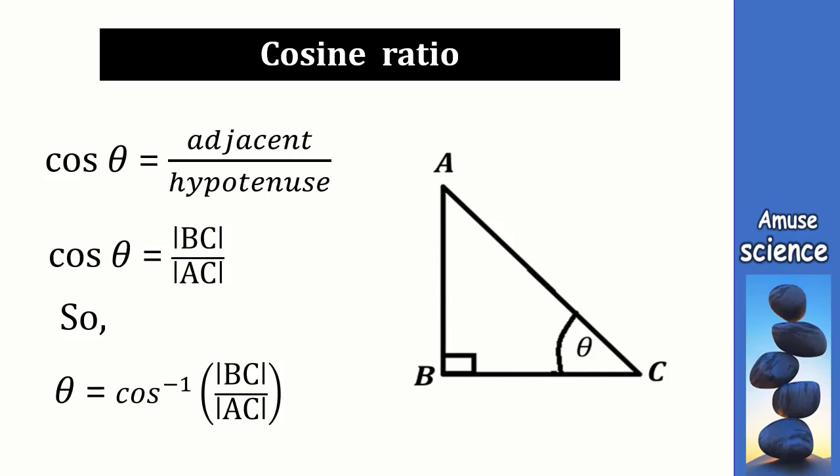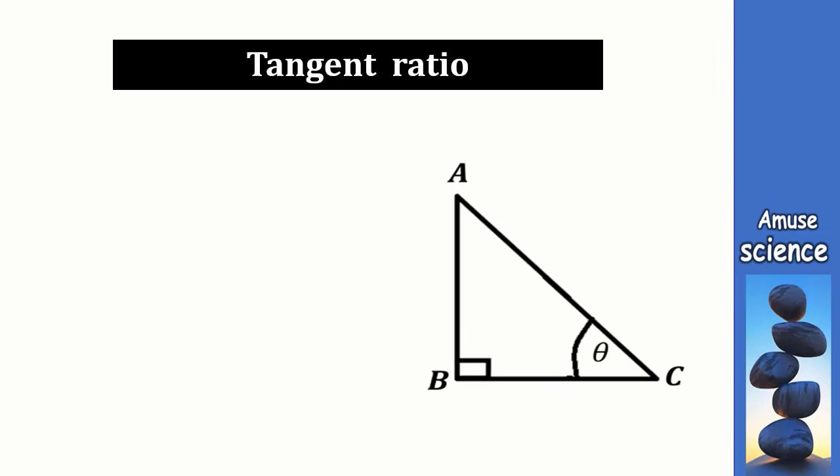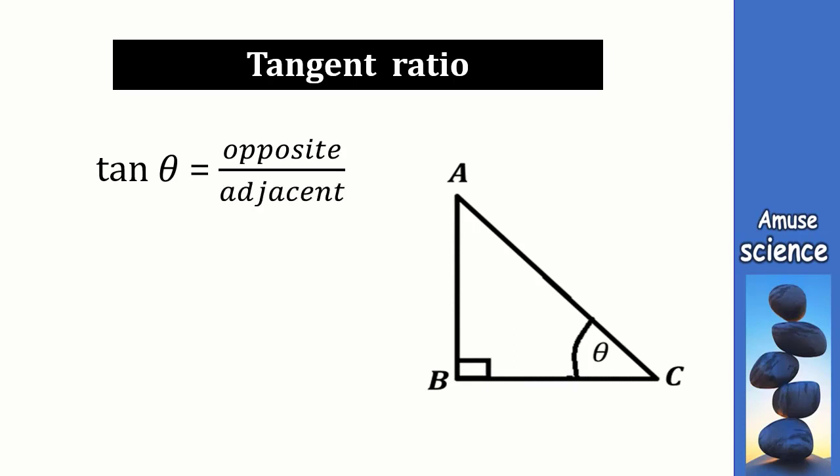The third and final trig ratio is what we call the tangent. So the tangent is the ratio of the opposite to the adjacent. We can write that tan theta is equal to opposite over adjacent. So we can further write that tan theta is equal to AB divided by BC.